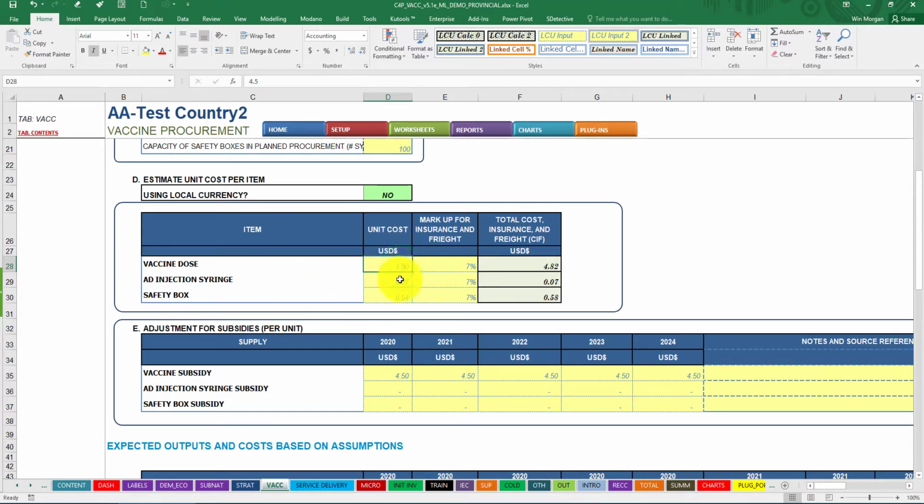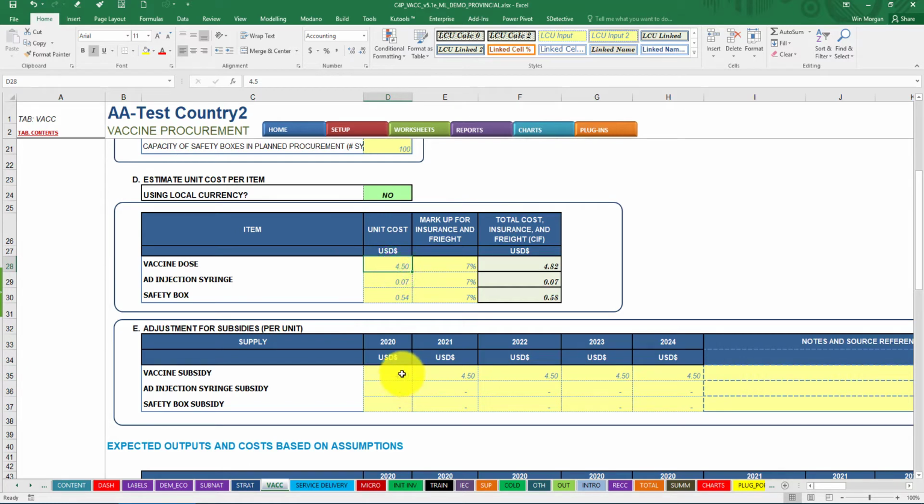At the time of publication, the standard unit cost for the free market value of a vaccine dose for HPV was $4.50. And for those of us who are getting subsidies, or if Gavi is donating it, then we put down here an adjustment for subsidies, which is the 5th part, saying that $4.50 is being taken off that free market value to compensate for it.